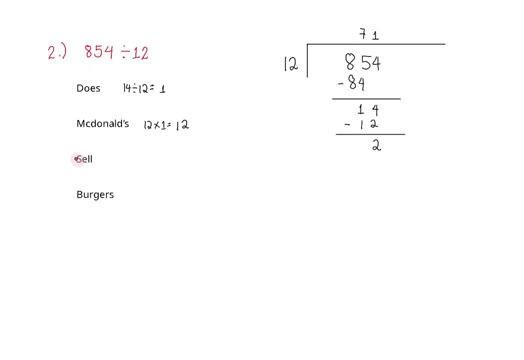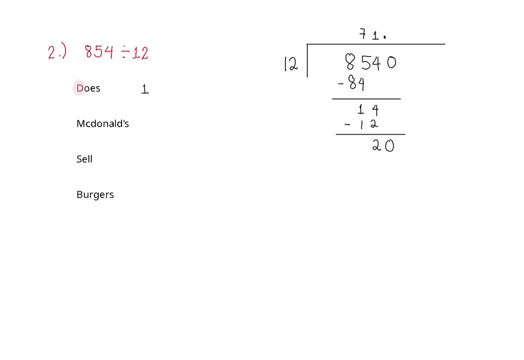Since we don't have any more digits left to bring down, we add the decimal point to the answer and add a 0 to the number 2, making it 20. Repeating the process again, divide 20 by 12, which equals 1.